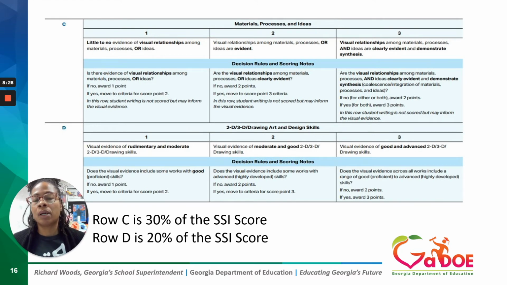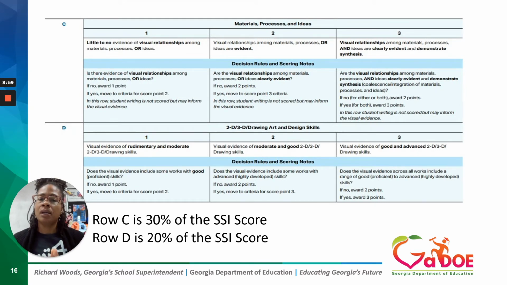Row 2 or score 2, visual relationships among materials, process, or ideas are evident. So if you look at the difference between the verbiage, little to no, and then this shows evidence, right? So if they're just showing evidence, but maybe they're not making connections on the why and the how questions, then they may stay at that score point of a 2.